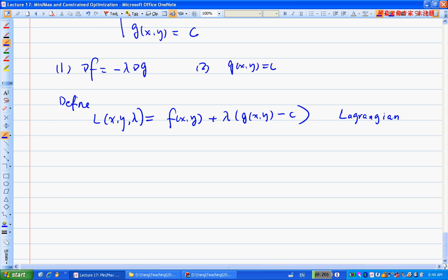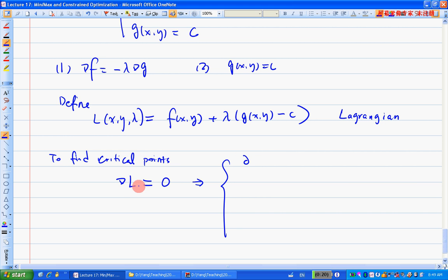If you're going to find the min and the max point, so what would you do? To find the min or max or critical points, we set the gradient of L equal to 0, right? Gradient of L equal to 0, what does that give us?